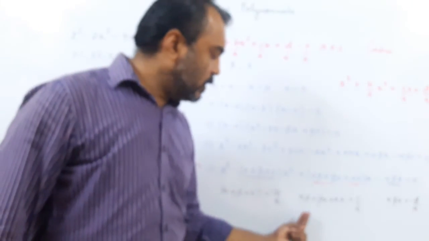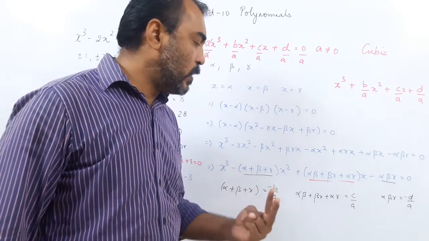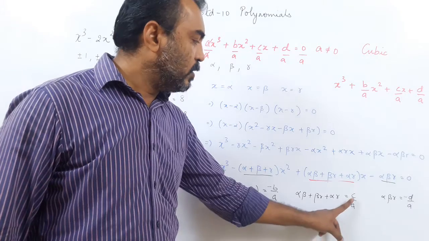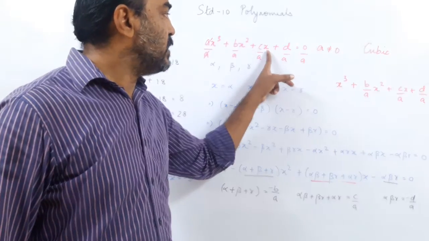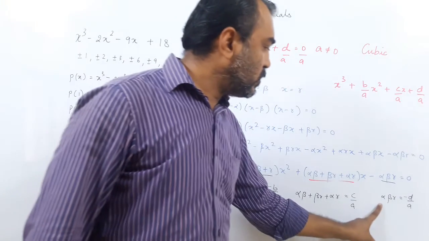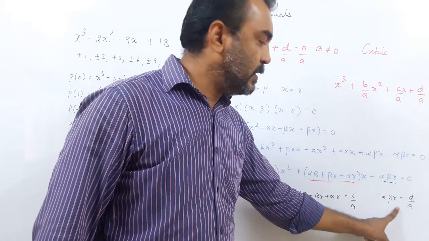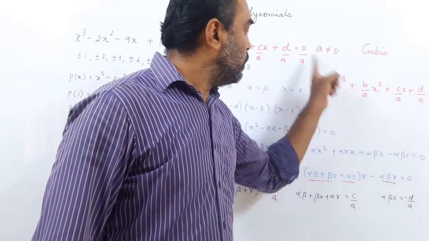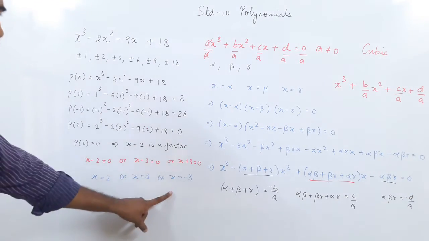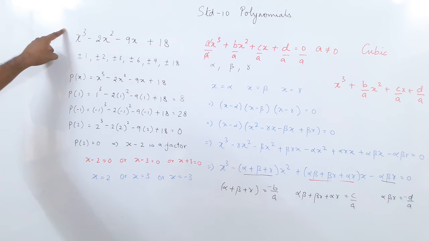Now we got a new term here, the product of the zeros taken two at a time. So alpha beta plus beta gamma plus alpha gamma is the coefficient of x upon the coefficient of x cube. And the product of the three roots, alpha into beta into gamma, is minus the constant term upon the coefficient of x cube.